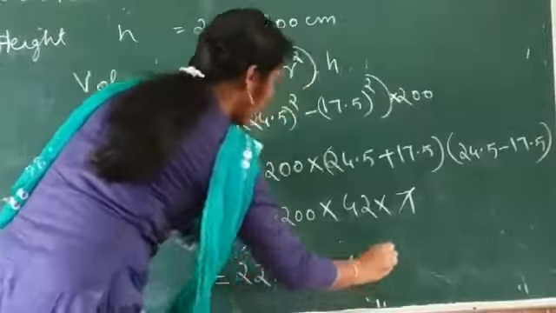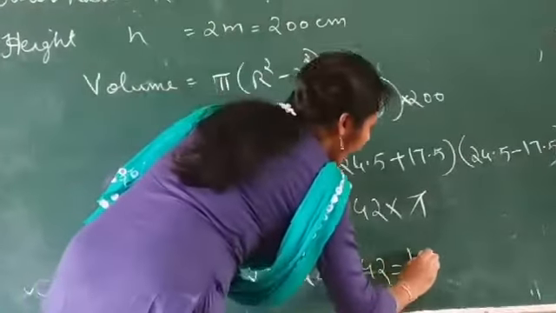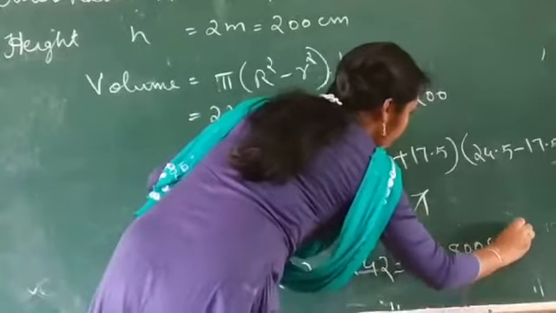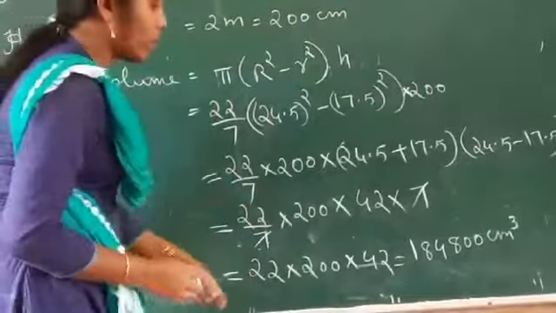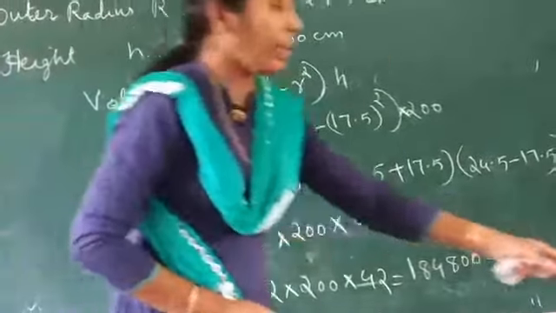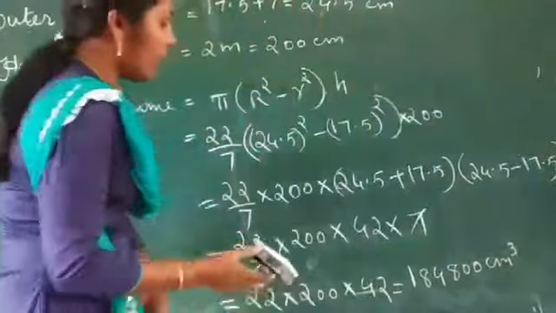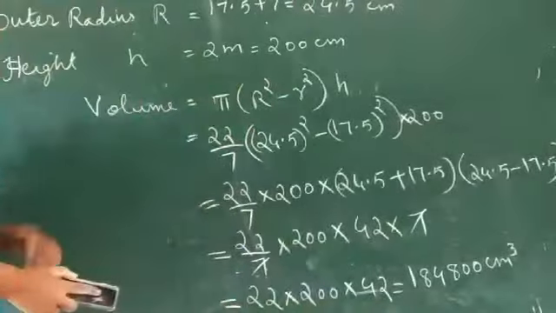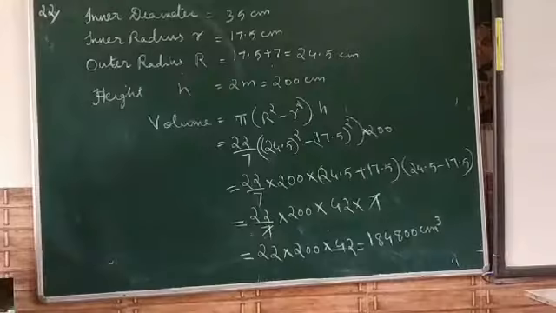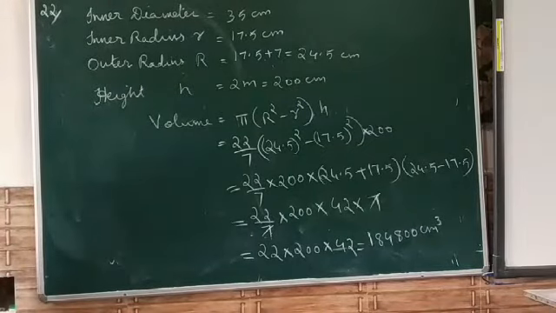That is equal to 1,84,800 centimeter cube. So this is the volume of the hollow right circular cylinder, or volume of the roller. Now we have to find out the weight of the roller. Here it is given that 1 centimeter cube of metal weighs 8 grams.